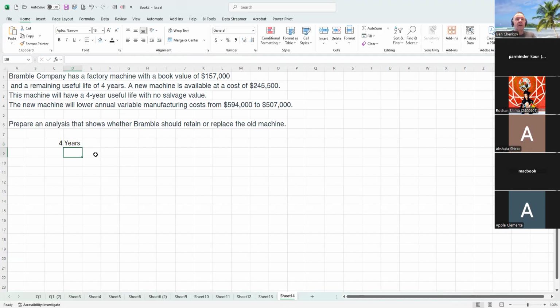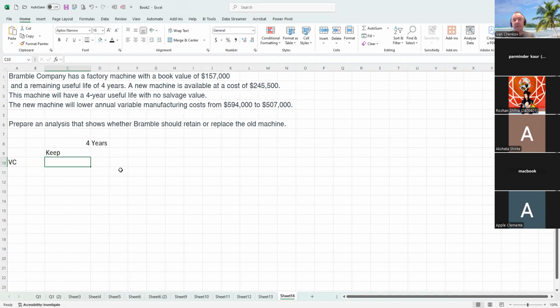The new machine will lower the annual variable manufacturing cost from 594 to 507. This is annual cost, correct? Are you guys with me? Yes, sir. So how many years? 4 years. So if I keep the old machine, how much will my variable cost be? 594,000 per year?